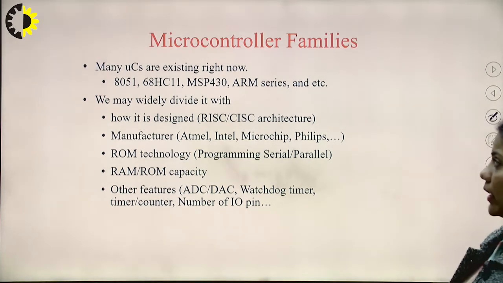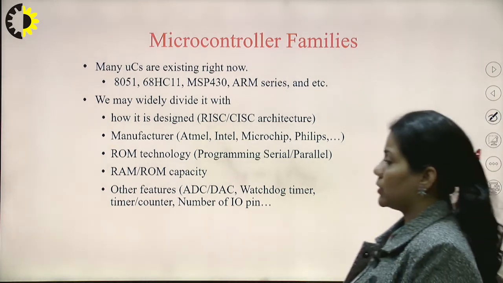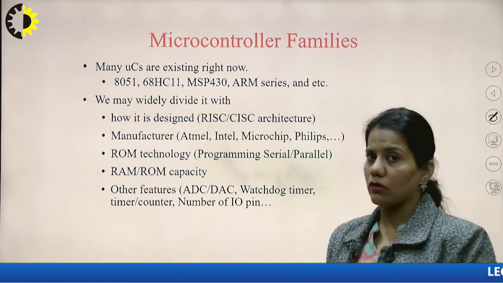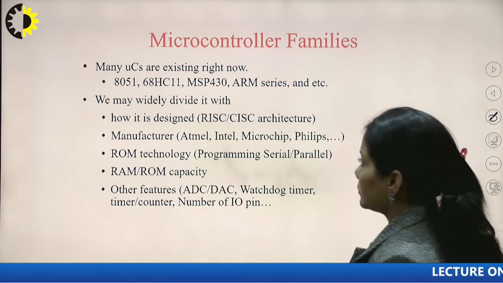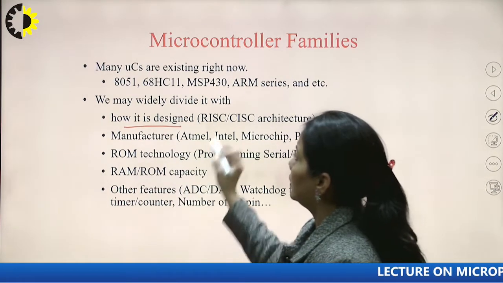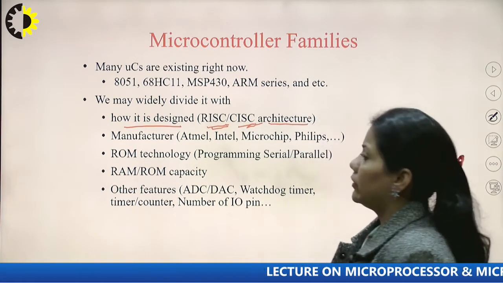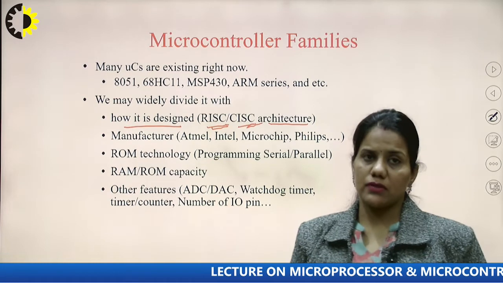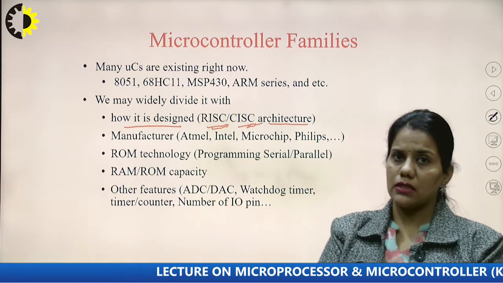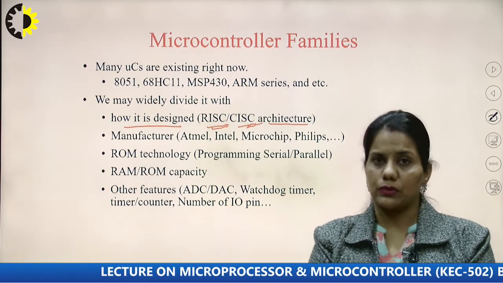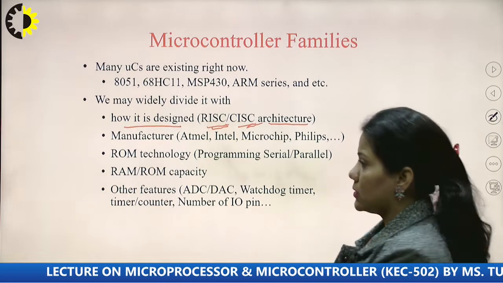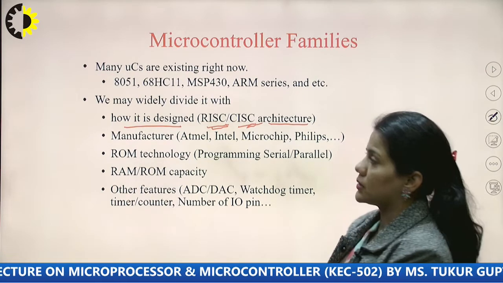We may widely divide them into different categories based on different parameters, like based on how it is designed, we can categorize them as RISC and CISC architecture. We have already discussed in the previous lectures that RISC means reduced instruction set computer systems and CISC means complex instruction set computer systems.